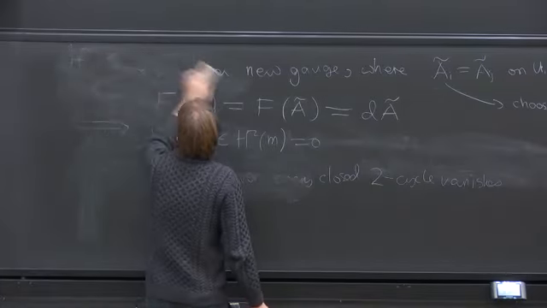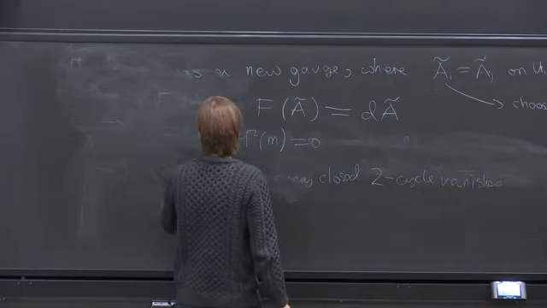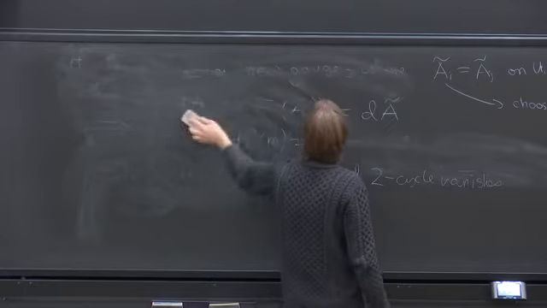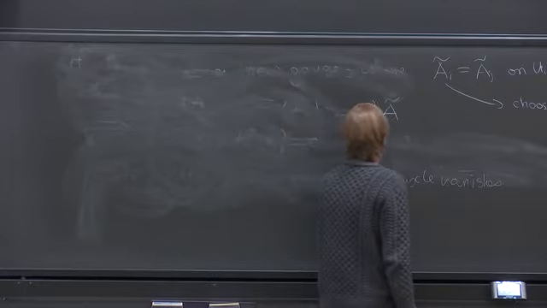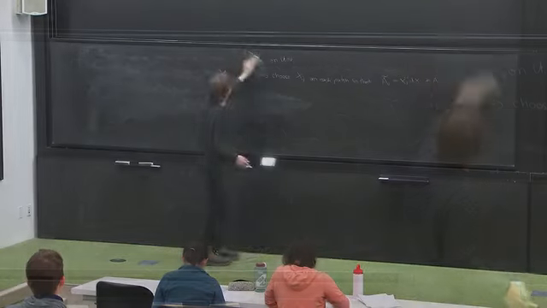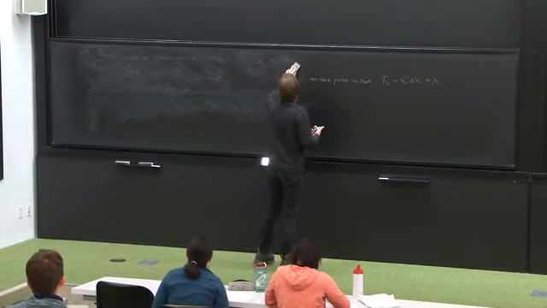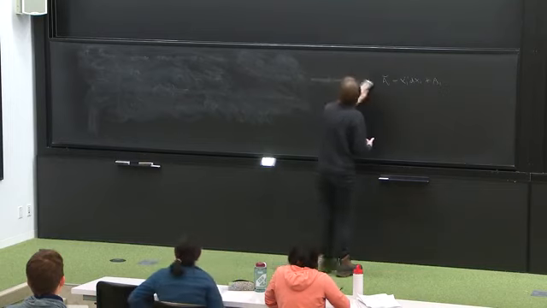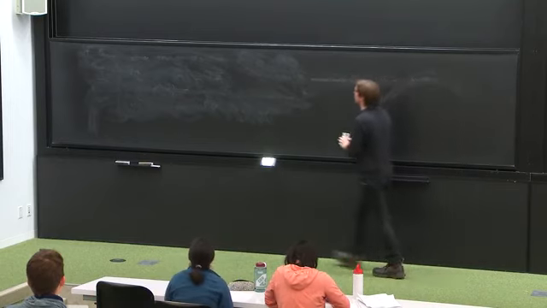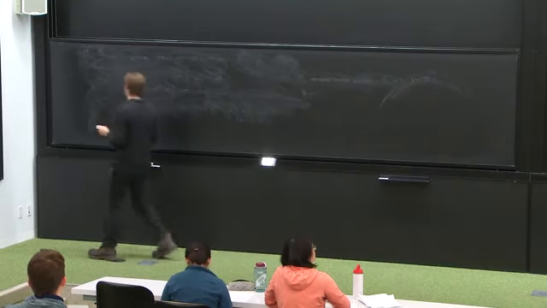So let me finally introduce the Chern-Simons Lagrangian. I'll introduce it in the way that there's a simple formula which is defined in the case you have a global gauge field, but there's a kind of clever thing you can do when you don't have a global gauge field, and I'll do the more clever thing first.